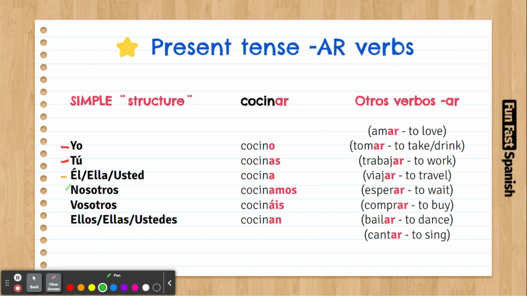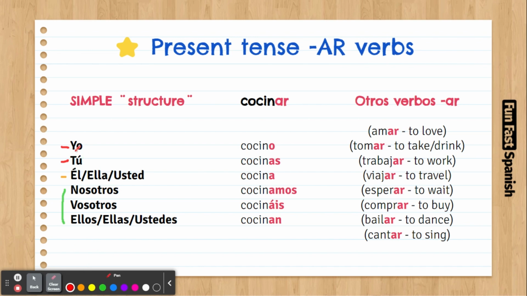And on a later and last stage, we're going to concentrate on these personal pronouns because they are plural. This is we, and this is they, and you guys. So this is going to be for later. For now, let's concentrate on these two, yo and tú, which is I and you.